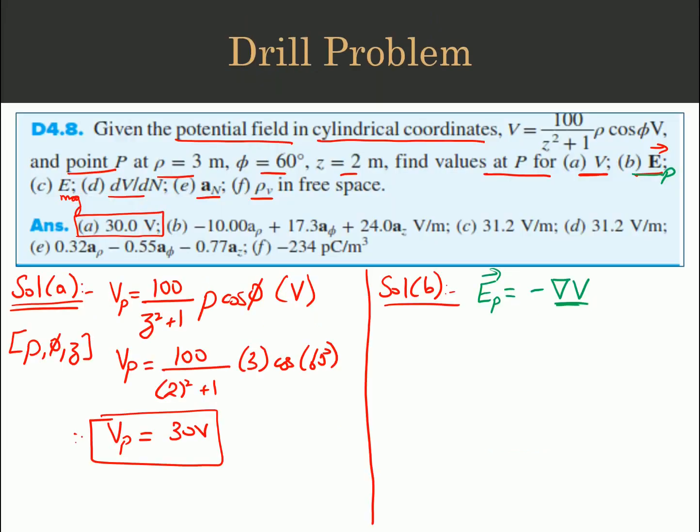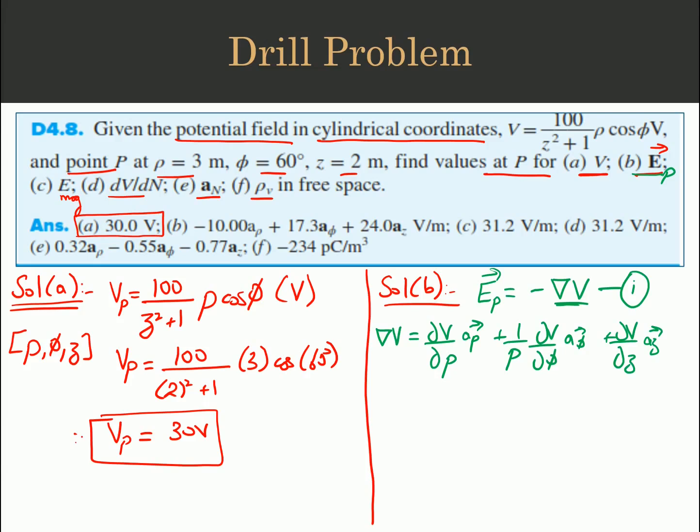Let us call this equation 1, because this is what we want to eventually get at the end, where the gradient of V for the cylindrical coordinate system is partial derivative of V with respect to rho along a rho, then 1 by rho partial derivative of V along phi a phi, and then partial derivative of V along z along a z. So let us find these one by one, starting with the first part, then the second, and then the last.